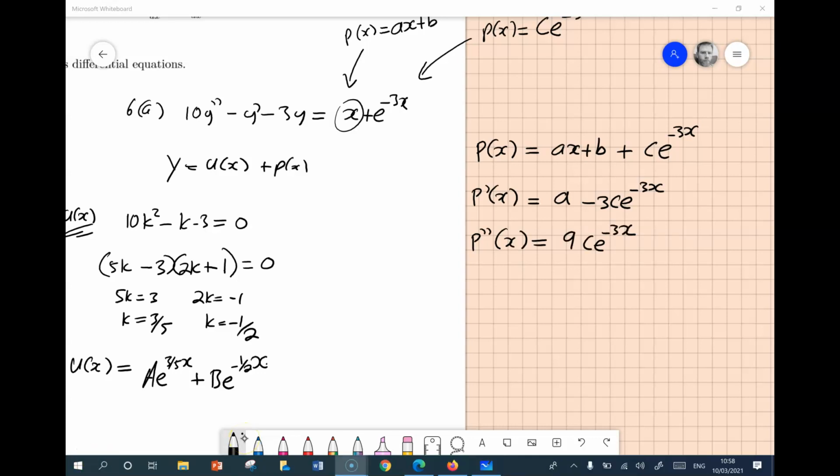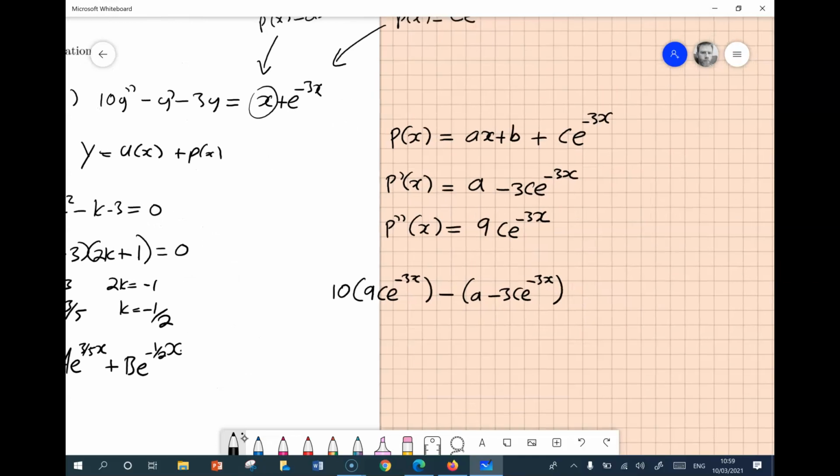Sub those back into my equation. So I have 10 times the second derivative, so 10 times 9c e to the power of minus 3x, minus the first derivative, which is a minus 3c e to the power of minus 3x, minus 3 times the function, which was ax plus b plus c e to the power of minus 3x.